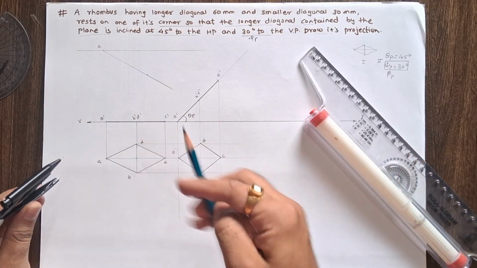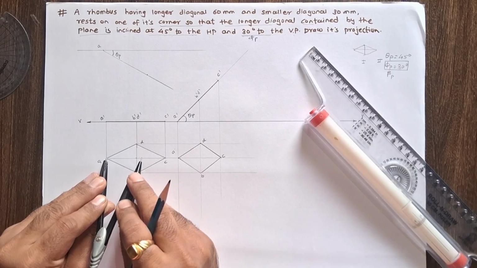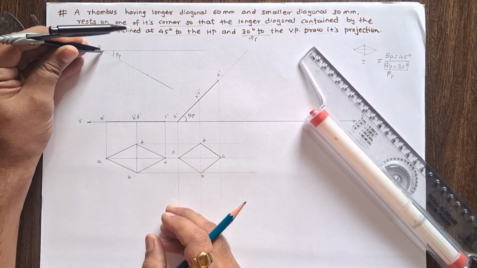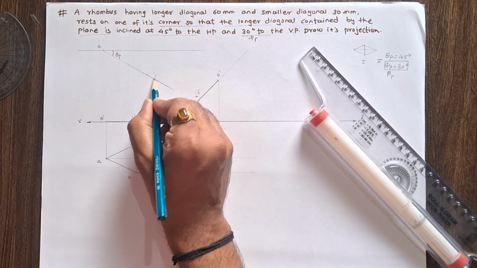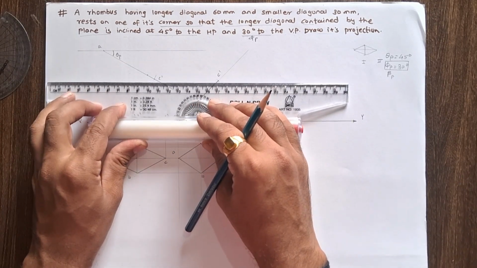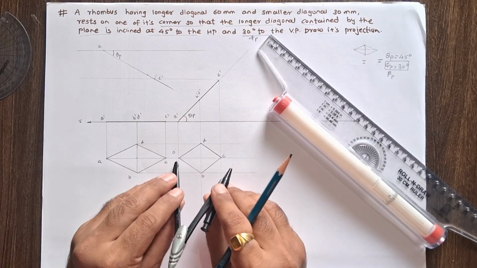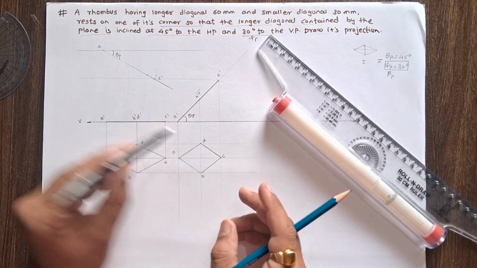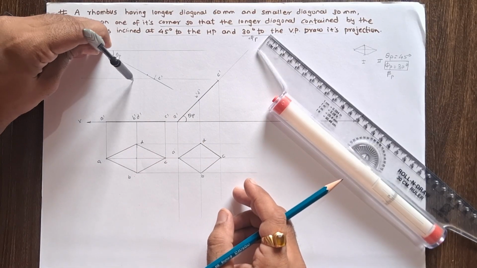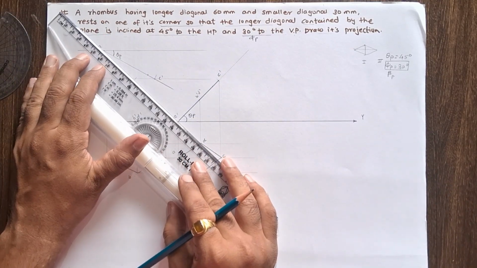Now on this theta plane angle, mark the A dash and C dash distance. This is C dash. From C dash we can draw a locus line. Now on this locus line, mark a C point. This is the C point. Join AC.